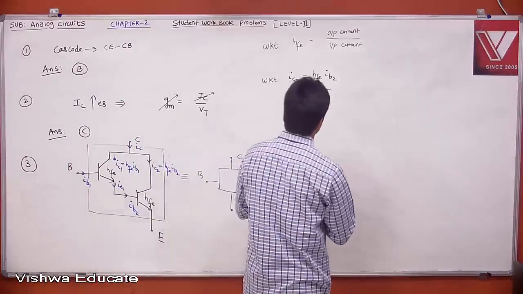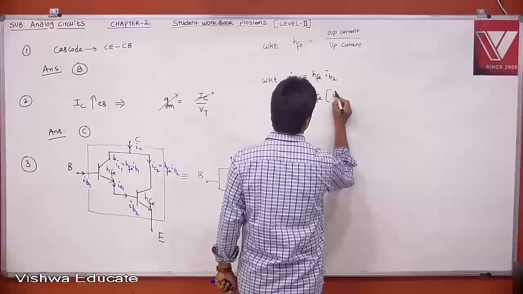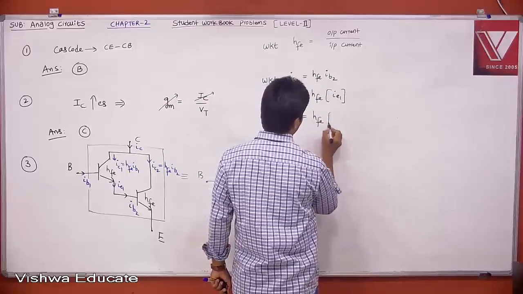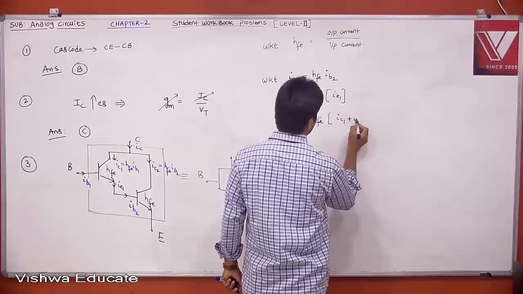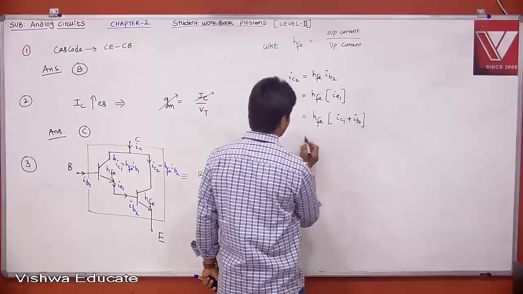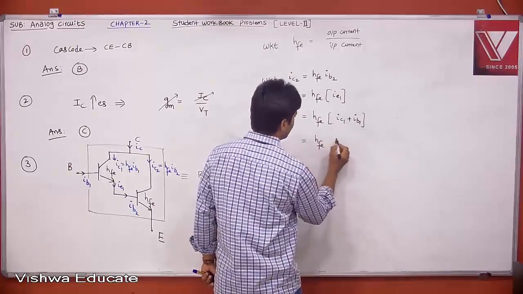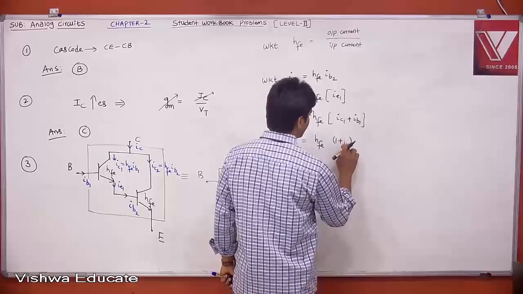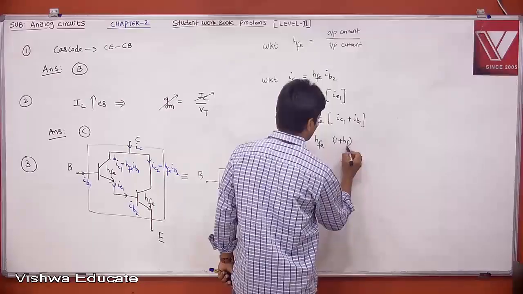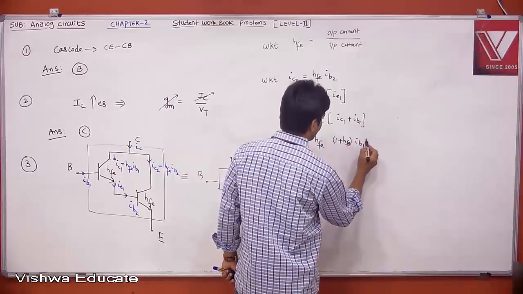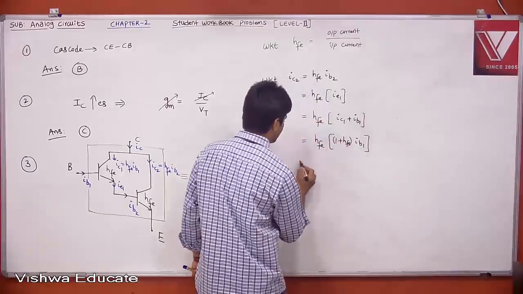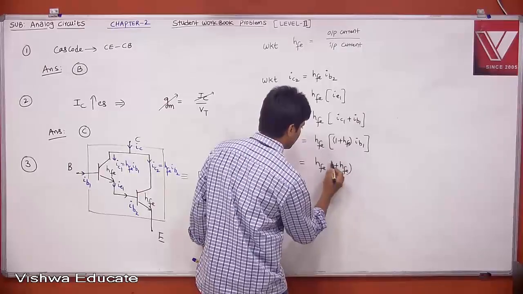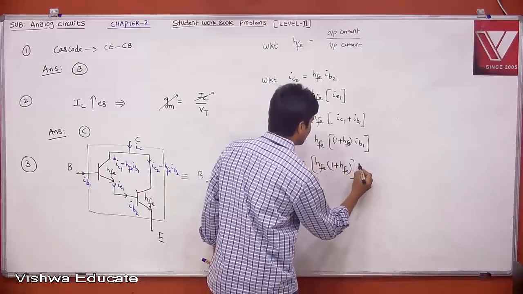Therefore, IB2 is nothing but your IE1. What is IE1? IE1 is nothing but IC1 plus IB1, which is nothing but HFE into IB1 plus IB1, that is, 1 plus HFE into IB1, which is nothing but 1 plus HFE into your IB1.